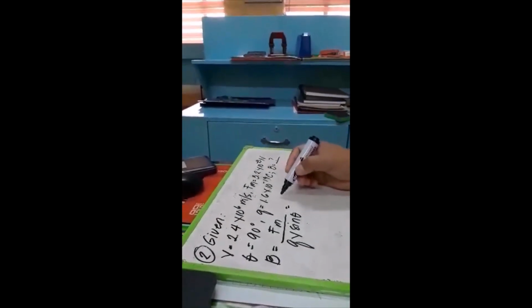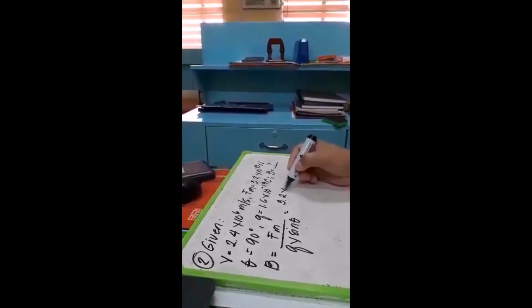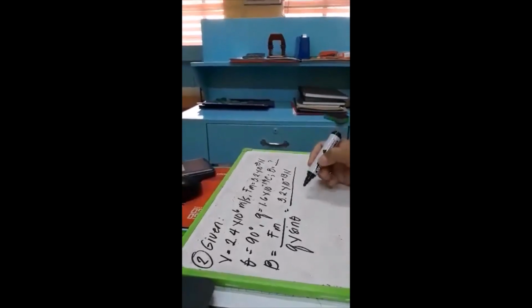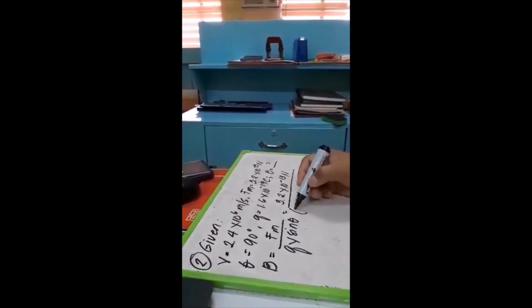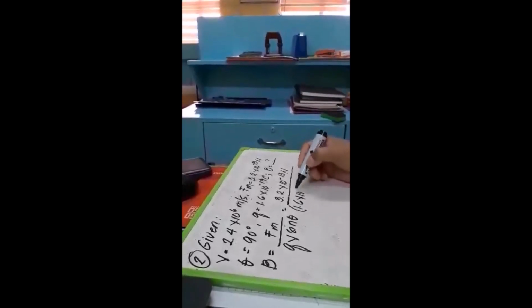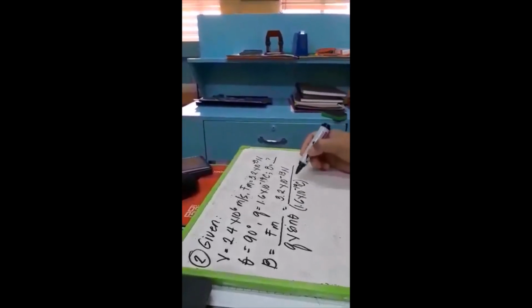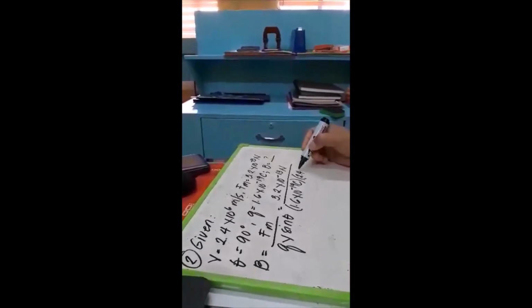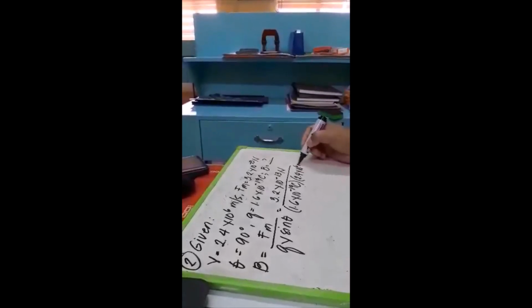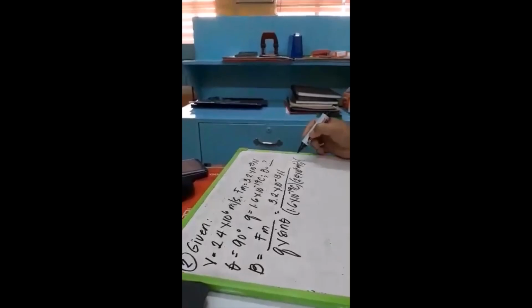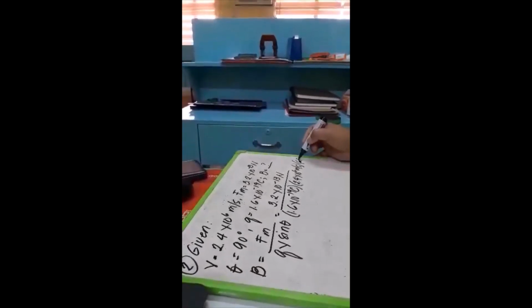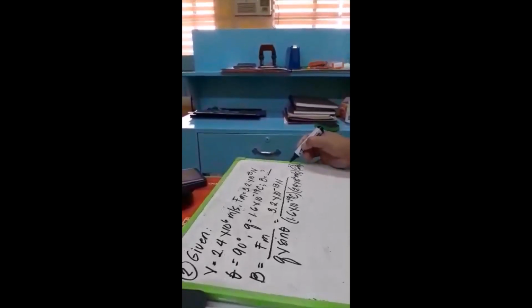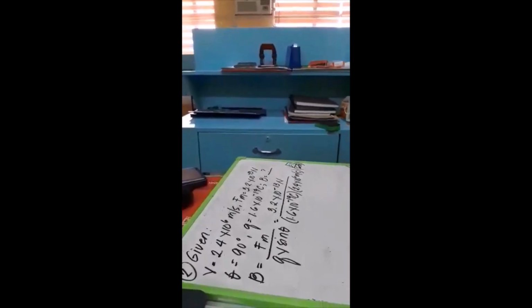So magnetic force is equal to 3.2 times 10 raised to negative 13 Newton over our Q is, we have 1.6 times 10 raised to negative 19 coulomb multiplied by our V, which is 2.4 times 10 raised to 6 meter per second multiplied by sine 90 degrees. So sine 90, sabi ko nga, it's equal to 1. So wala pong problema po doon.